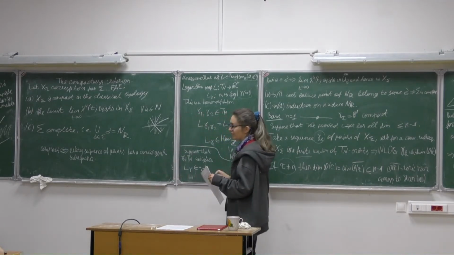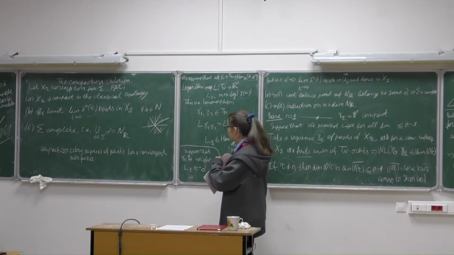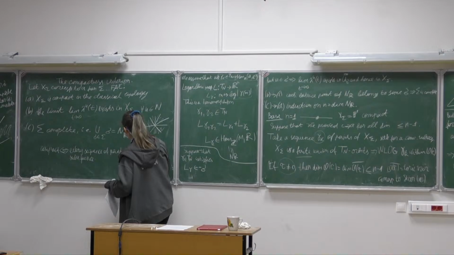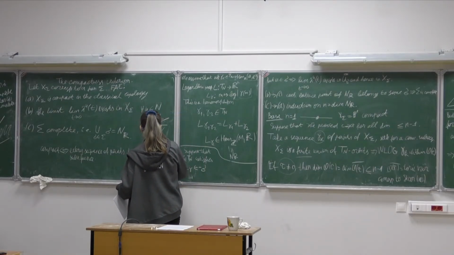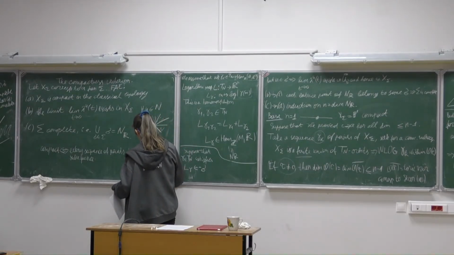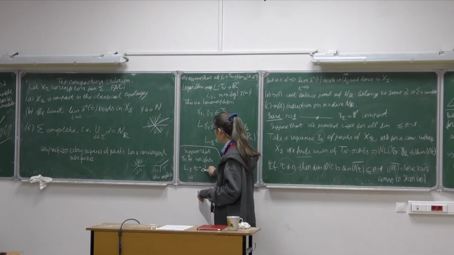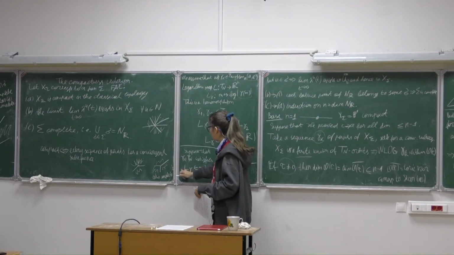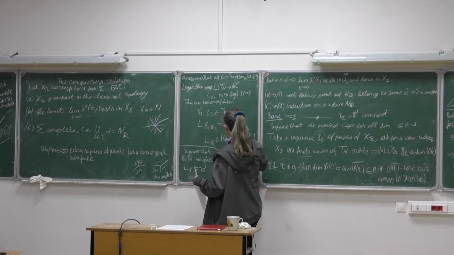I mean, we have a fan. We make the central symmetry. If this is the initial fan, we draw another complete fan just in this way. It is also complete. And we take such sigma for which L gamma is in minus sigma. L gamma can be treated as an element of N_R.